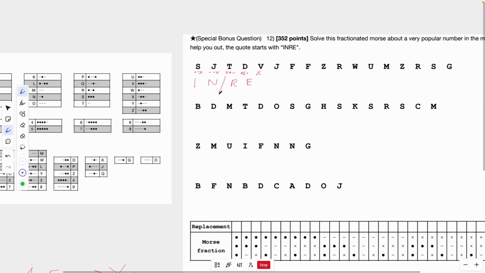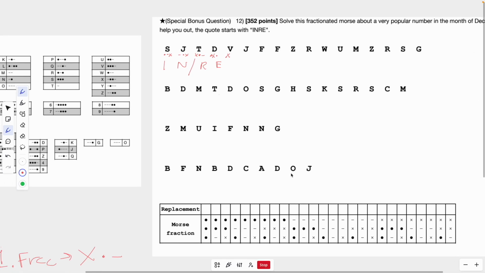Okay. So now we can put this into our thing again. So S is in the same spot. Same thing with J. So now T is going to be back here, which makes sense as well. And then D now is going to be in between early on over here, which also makes sense. So now the entire cipher is basically just using your replacement table to find out more letters, and then also plugging them into here, and then sort of guessing what could come after.